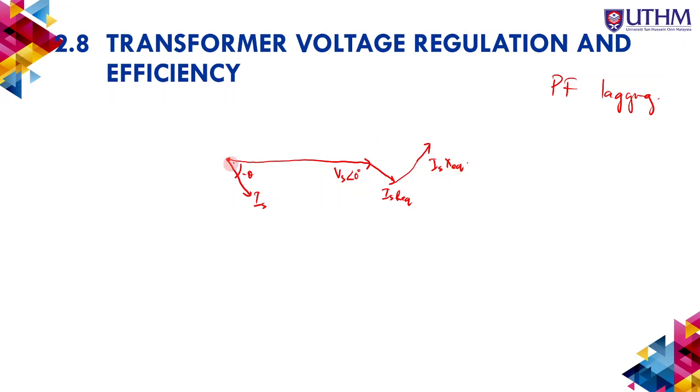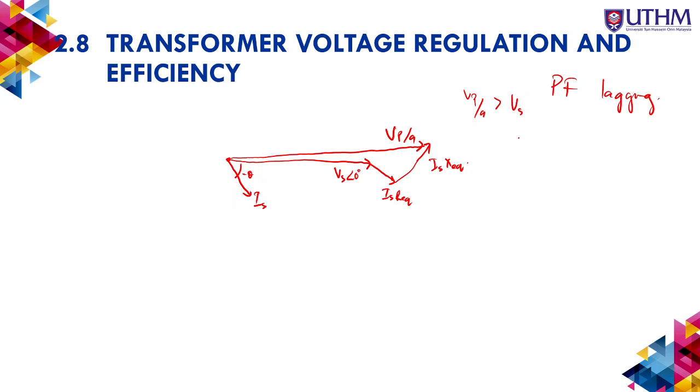Then we connect to the end over here. So this is Vp over A. From here we can see that Vp over A is more than Vs.